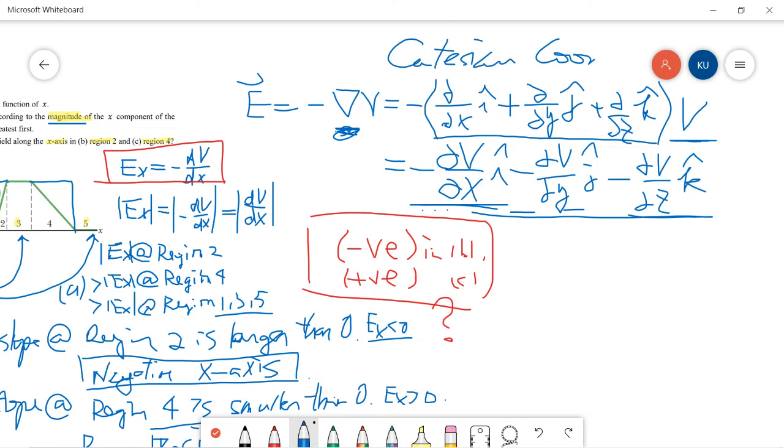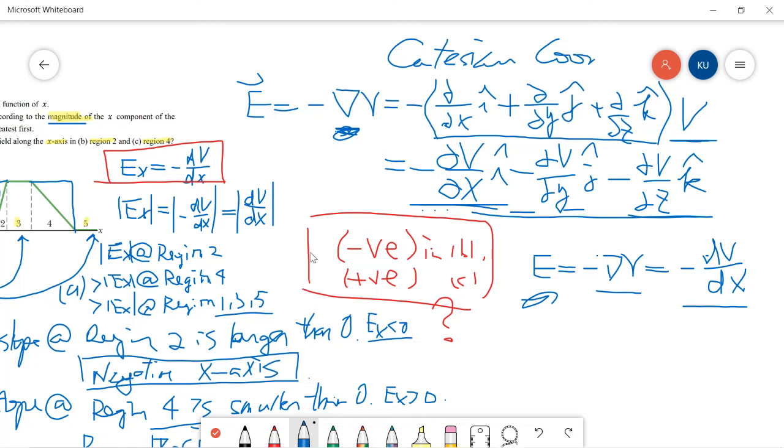But I think you shouldn't write something like E equals minus gradient V equals, because this is a vector and this is a scalar, and I don't know whether it's a scalar or vector.